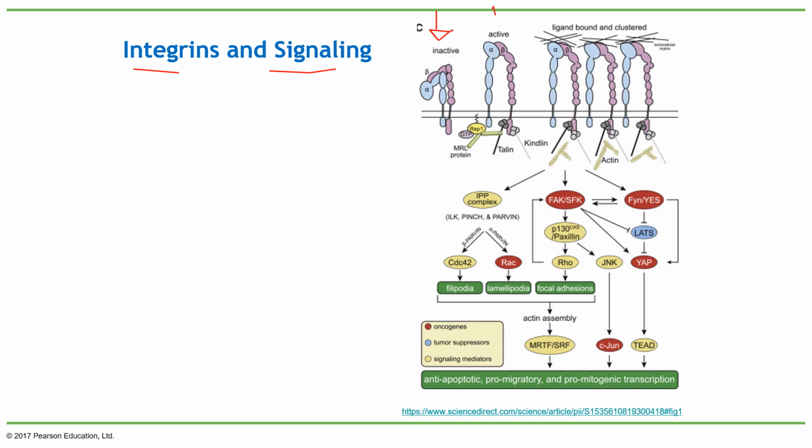Here you find the active form with the linking proteins that eventually will attach to the cytoskeleton. And so there is a feedback between the intracellular environment and the extracellular environment.